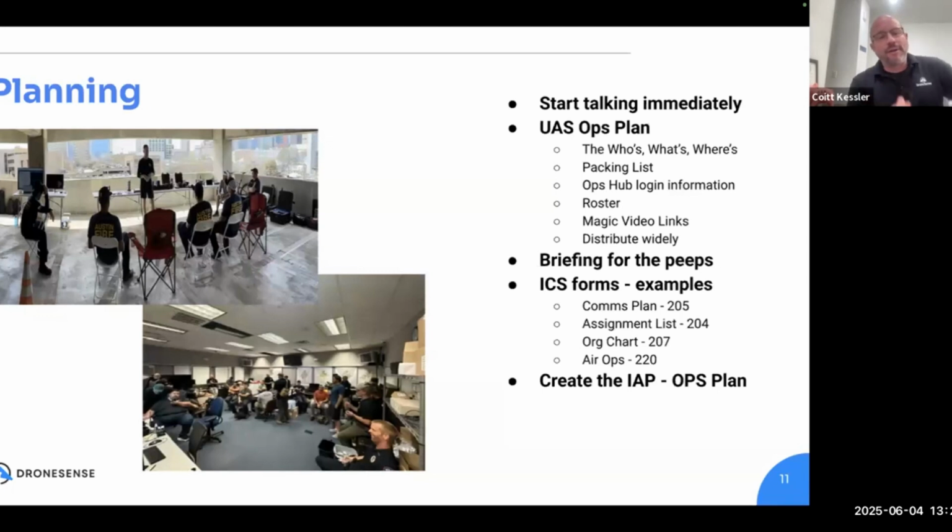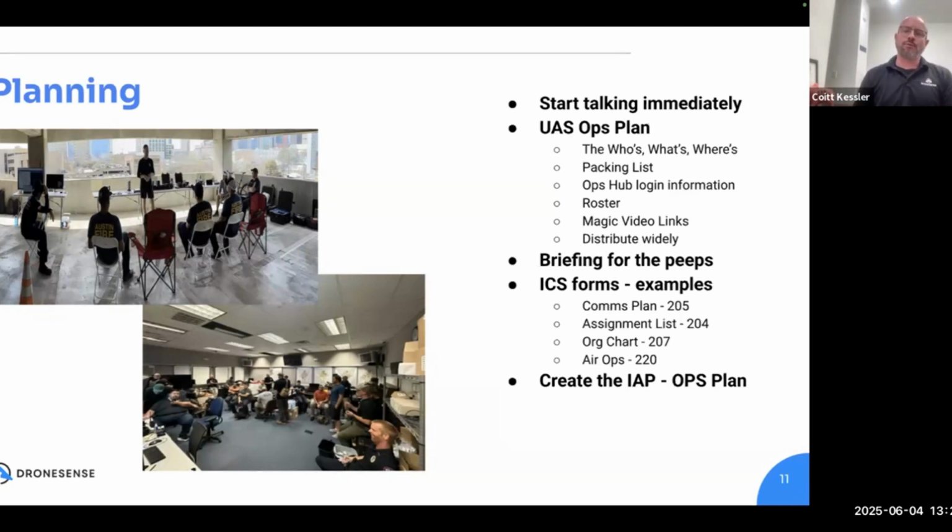If you come from a law enforcement background, I think we're doing a really good job. We're starting to see that we're all working off our incident command, or ICS, forms. Take notes on the ones I have listed. A 205 is just your comms plan. It's like a roster with everybody's basic communications and what frequencies you're going to be operating on.